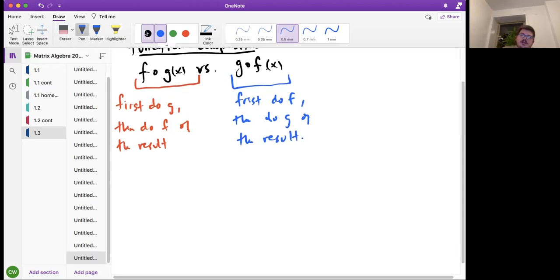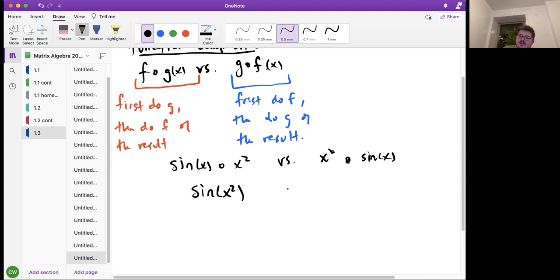All right, we're out of time, but here's an example. Sine of x composed with x squared is a lot different than x squared composed with sine. This one would be sine of x squared, and this one would be sine squared of x.